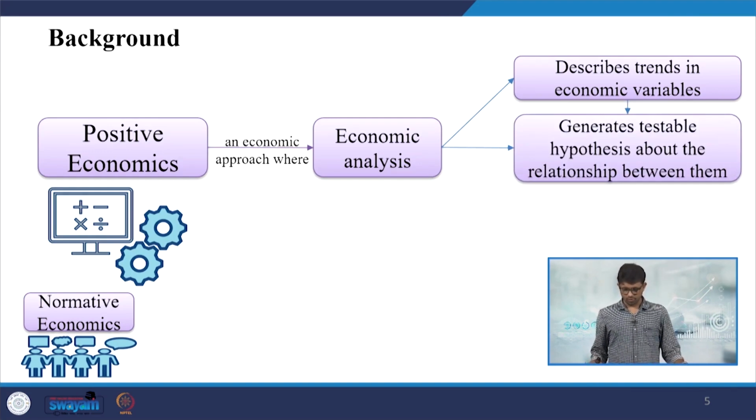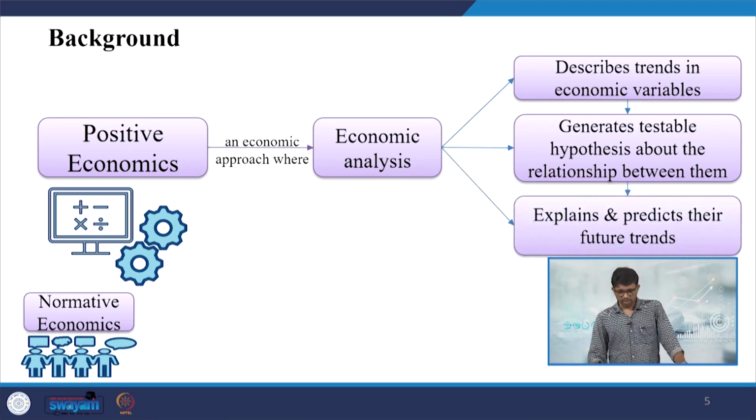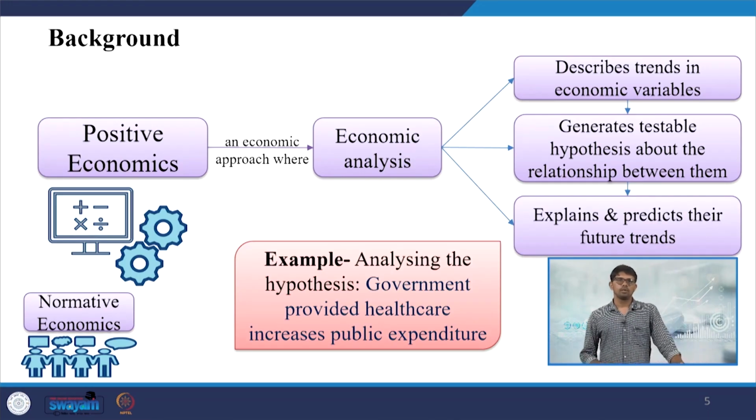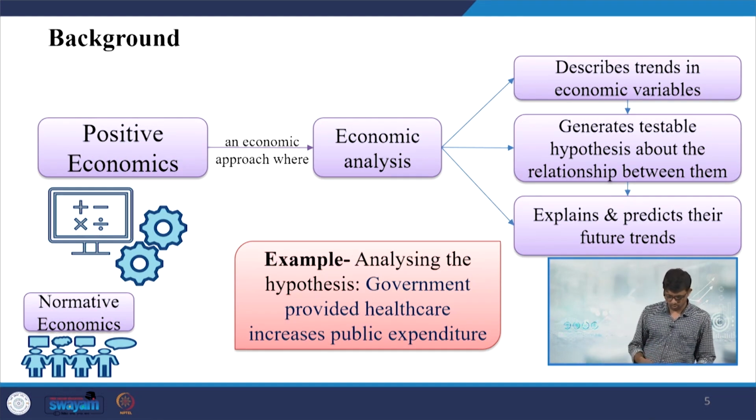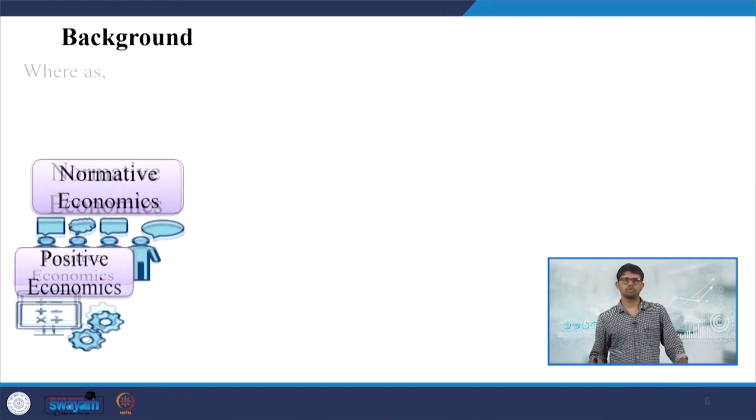Then we derive some testable hypotheses about the relationship between the variables, and accordingly we explain and predict future trends. For example, while we analyze the government healthcare system, we draw a hypothesis such as government provided healthcare increases public expenditure. That's basically a testable hypothesis, and that's through positive economics discourse.